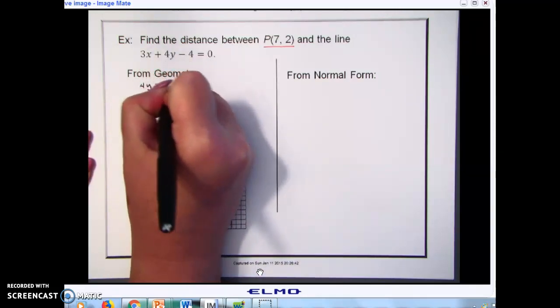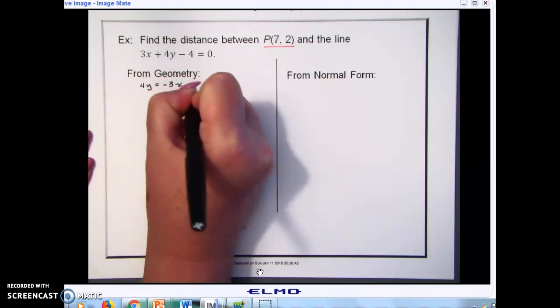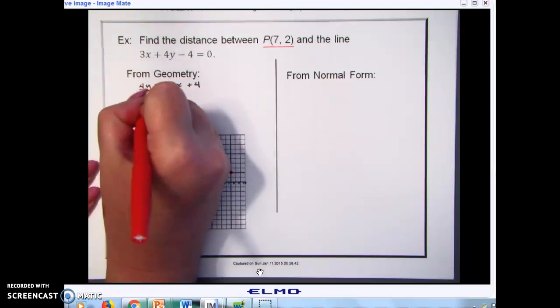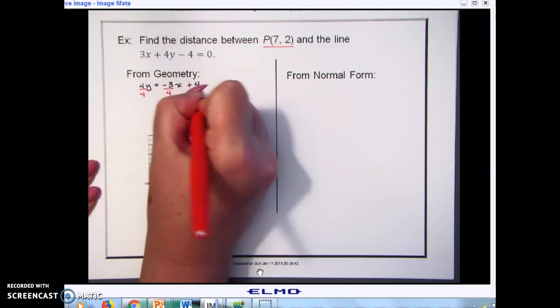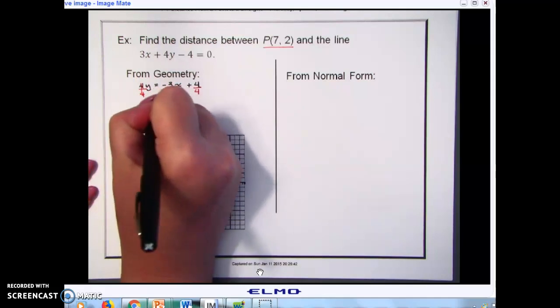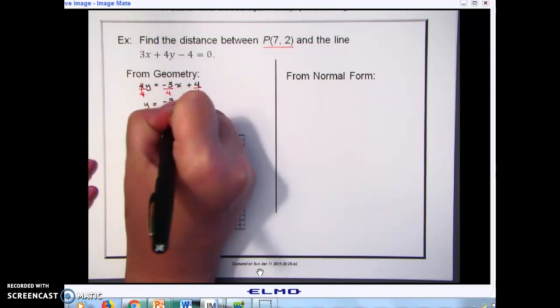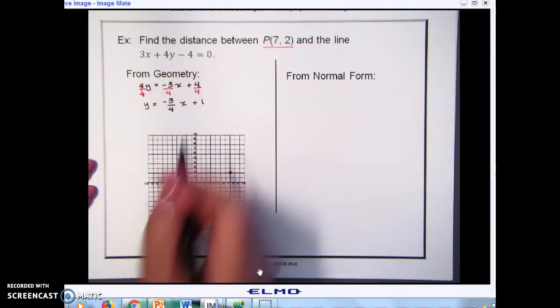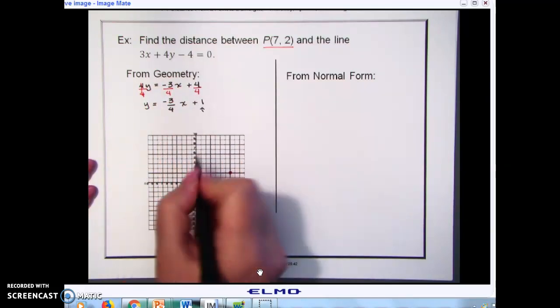So we would subtract 3x from both sides, and we would add 4 to both sides. And then if we divide everything through by 4, we would get y is equal to negative 3/4 x plus 1. So that means that we have a y-intercept at positive 1.